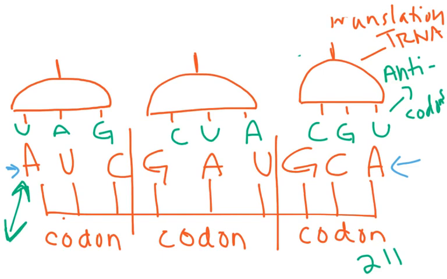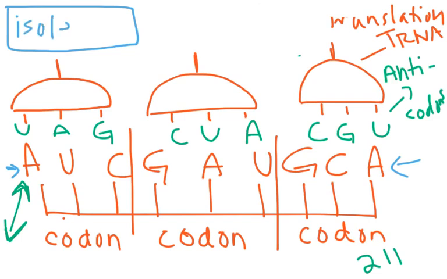So we need to find AUC on our chart. AUC is isoleucine. So I'm just going to draw a box. So isoleucine. Then I need to find the next one, and that's GAU. GAU is aspartic acid.